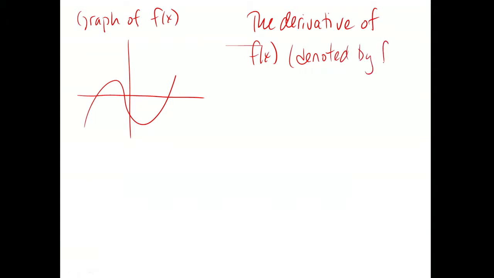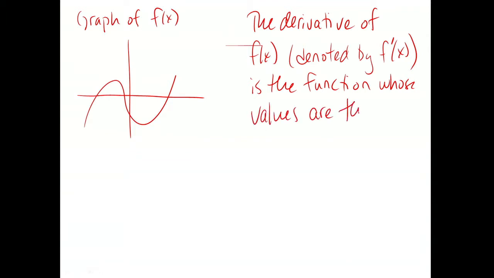The derivative of f of x, which I'll remind you is denoted with a little tick mark, or apostrophe, up there, denoted by f prime, we would say that the derivative of f is the function whose values are the slopes of f of x.